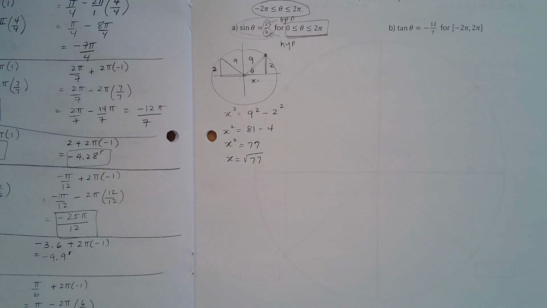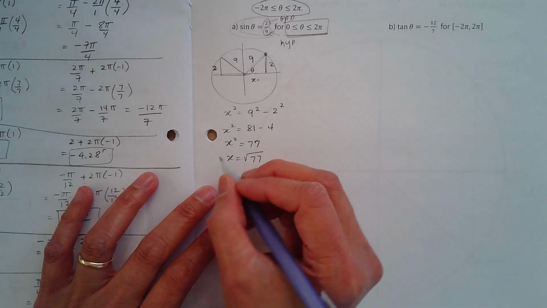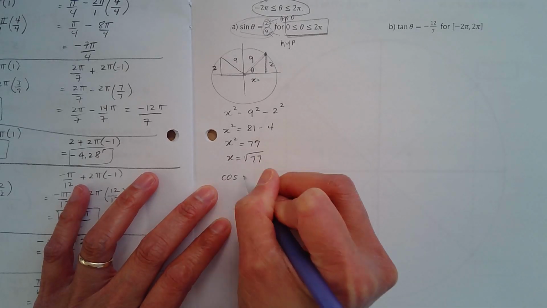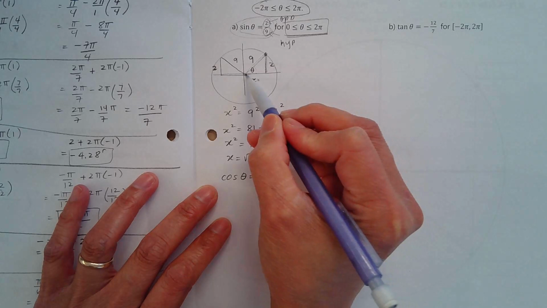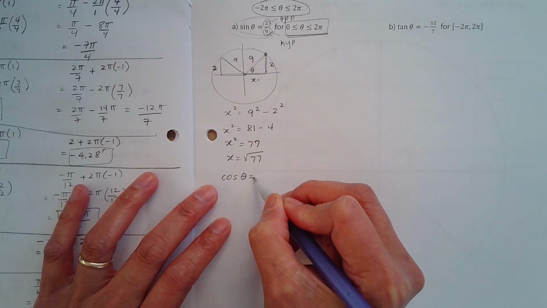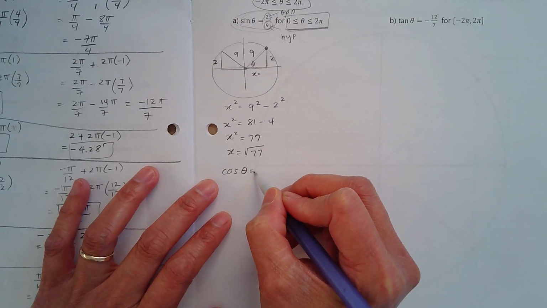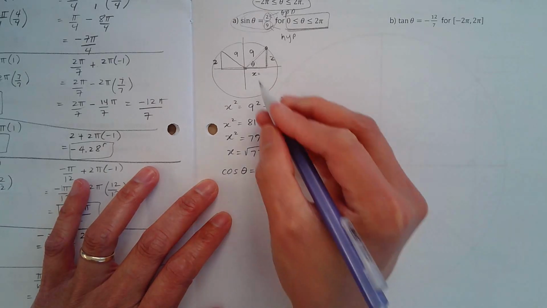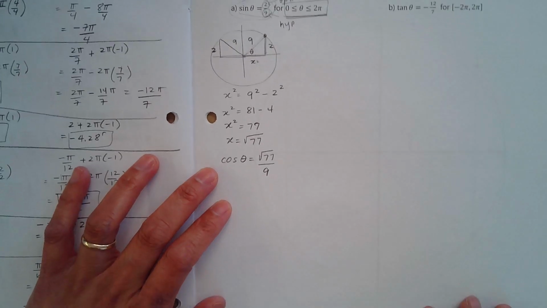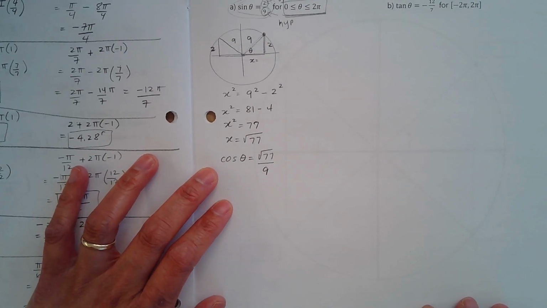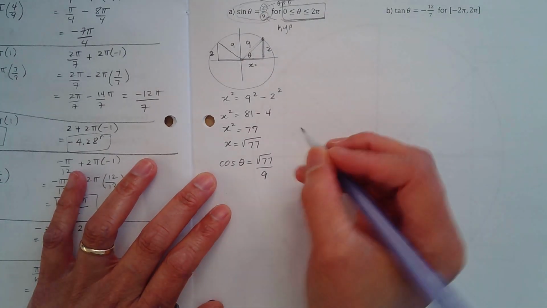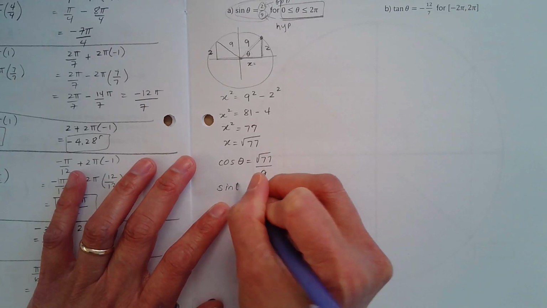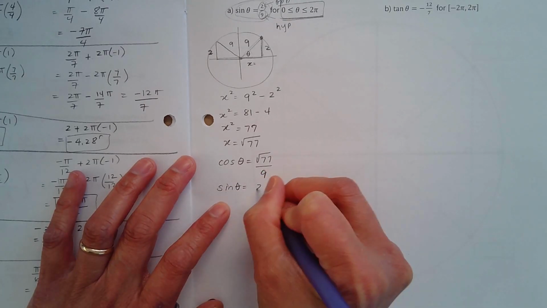Okay, so x is root of 77. If x is root of 77, that means cos of theta is equal to root of 77 over 9. I'm going to just write down sine theta here so I don't lose that: 2 over 9.